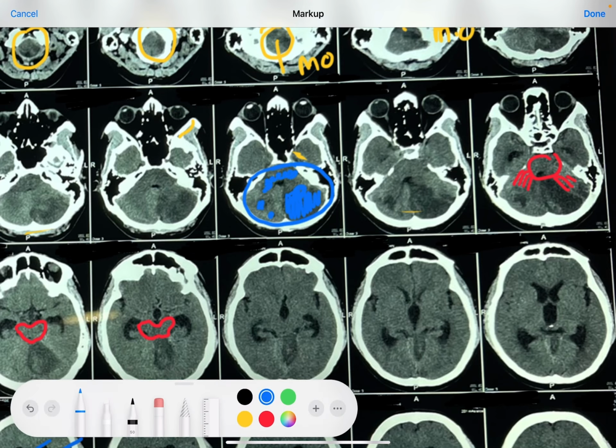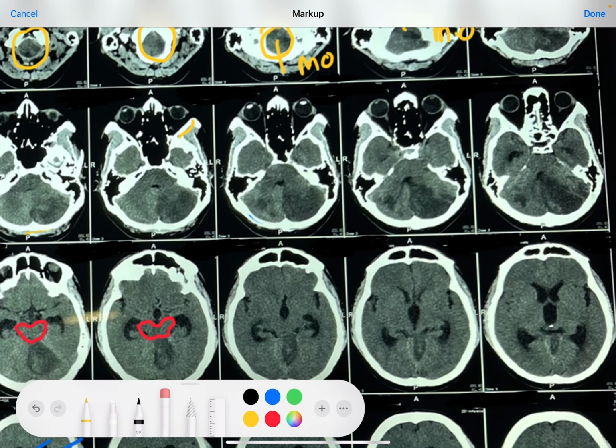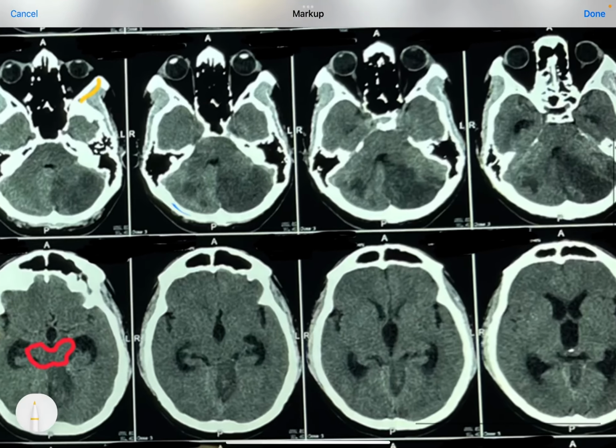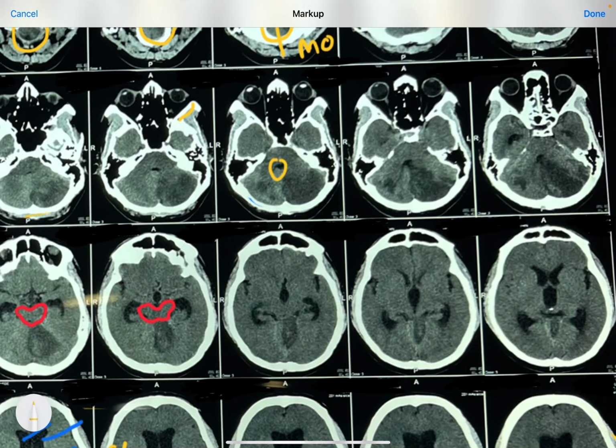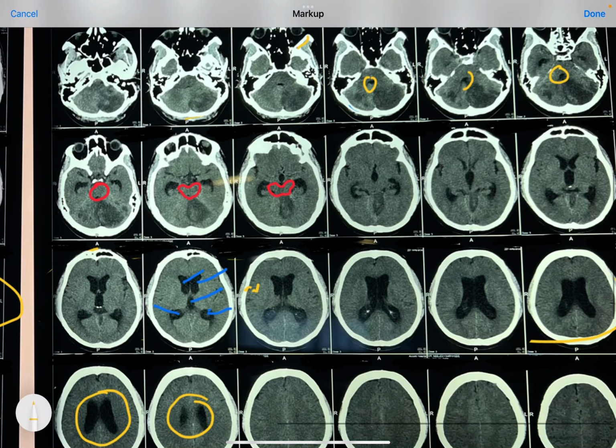This patient had a posterior circulation stroke, basically a significant bilateral cerebellar infarct. This infarct caused edema, and this edema then caused obstruction or compression of the fourth ventricle, leading to dilatation of the third ventricle, first ventricle, and second ventricle.